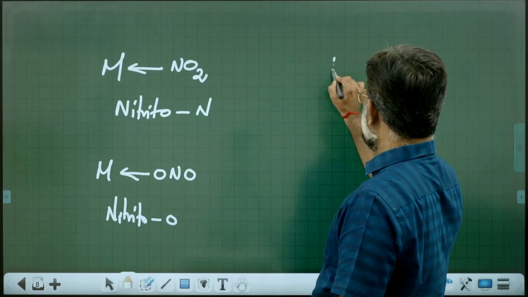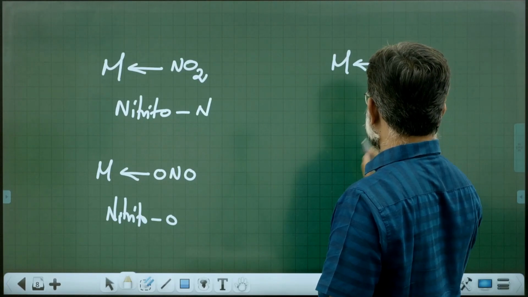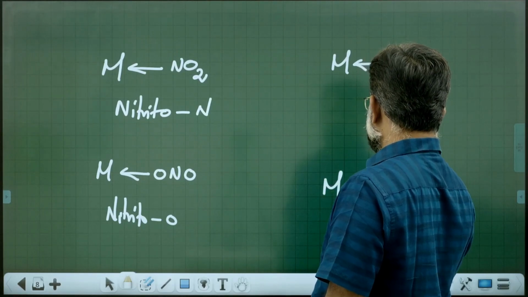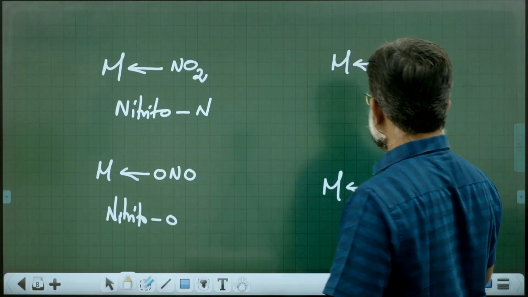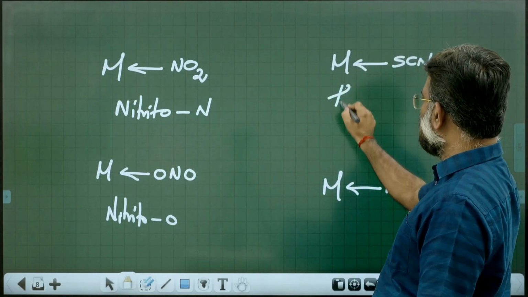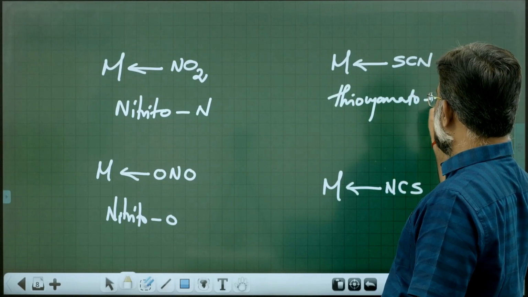Look at another example. A metal species getting connected to thiocyanate like this, or a metal atom connected to NCS like this. Sulfur getting connected, we call it thiocyanate-S.